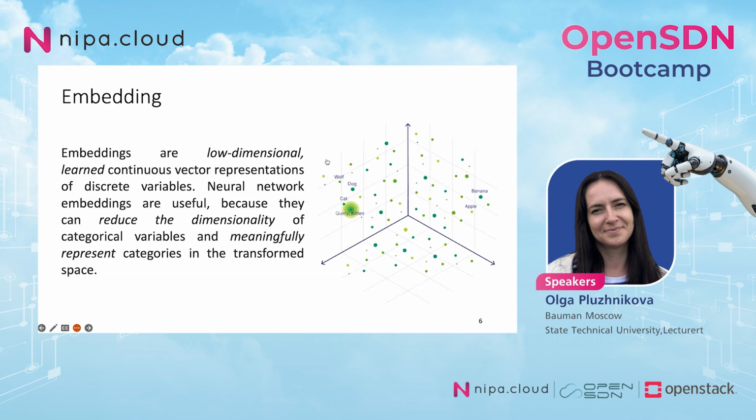Embeddings are usually built using large language models. In other words, embeddings are low-dimensional, learned continuous vector representations of discrete variables. Neural network embeddings are useful because they can reduce the dimensionality of categorical variables and meaningfully represent categories in the transformed space.